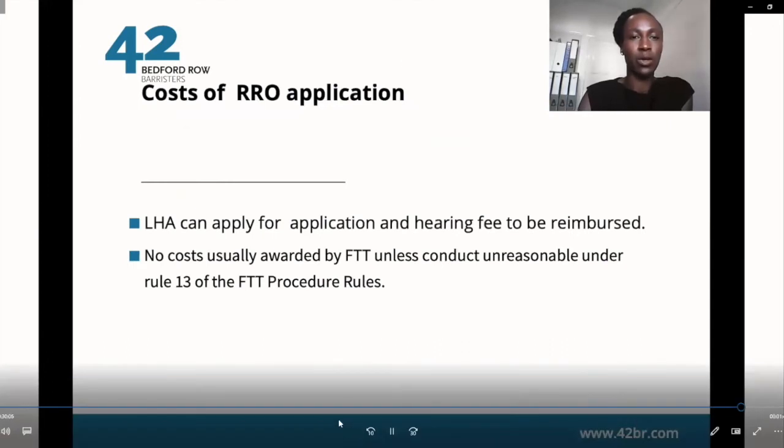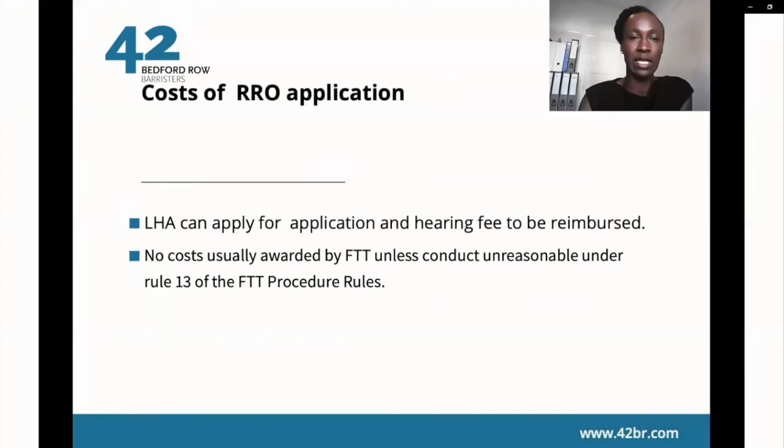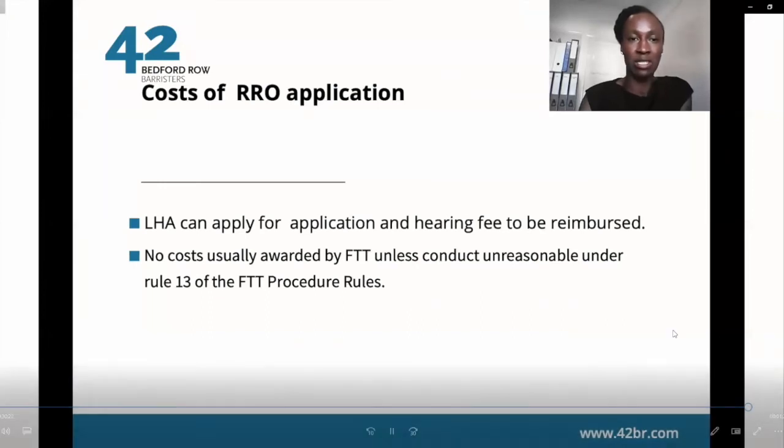So then looking at costs, it's right that within the tribunal system, you can apply for your application and your hearing fee to be reimbursed. Those are the standard fixed costs.